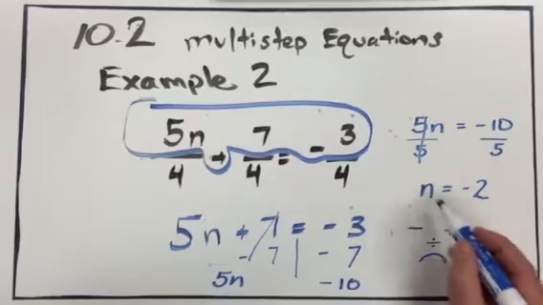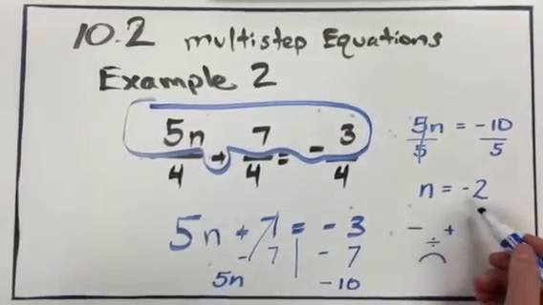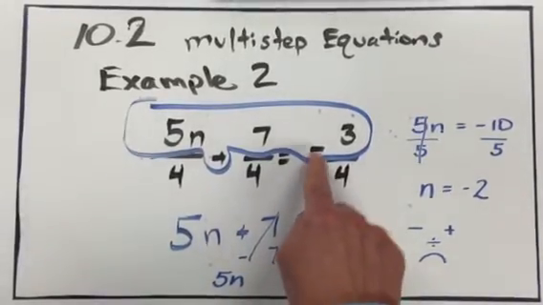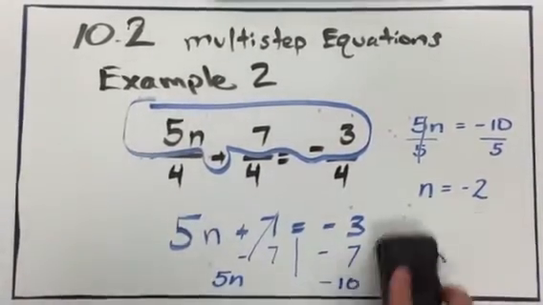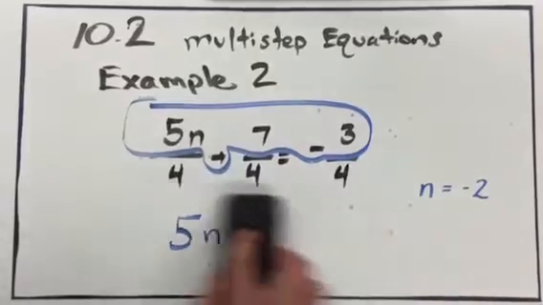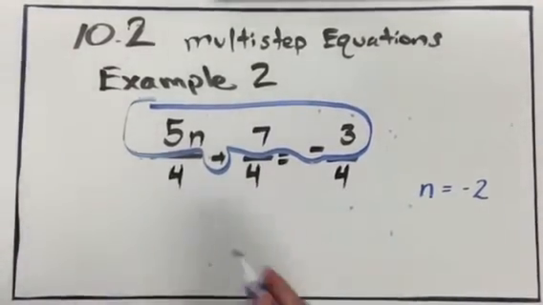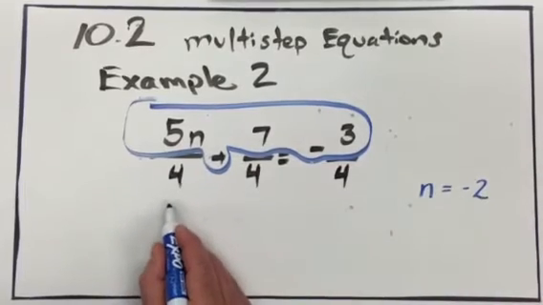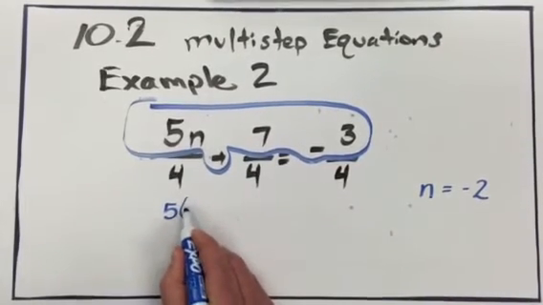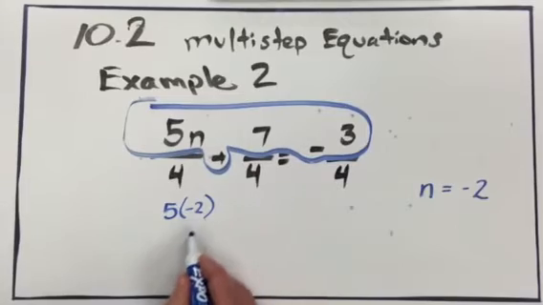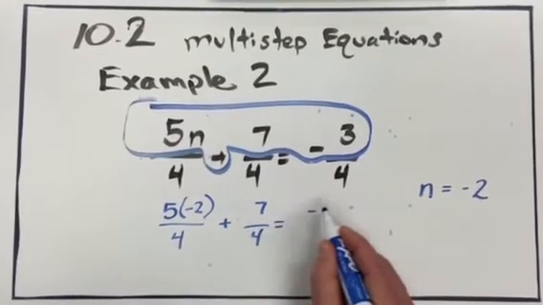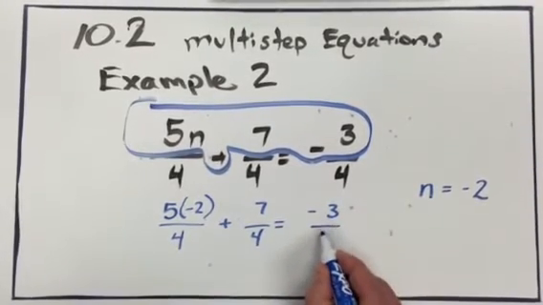Okay. If we take this negative 2 and bring it back into the equation, we're going to check to see if we get negative 3/4. So we're going to replace the n with a negative 2. So we have 5 times negative 2 over 4 plus 7/4 equals negative 3/4.